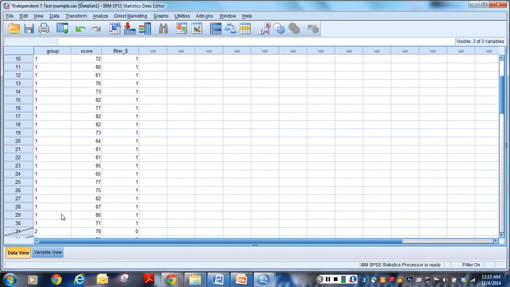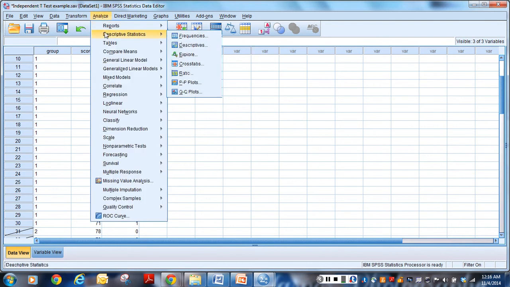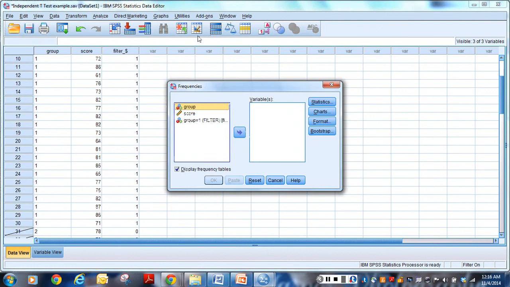So now we can create a histogram like we normally would. Let's go to Analyze, Descriptive Statistics, and Frequencies. Now notice this is my filtered group here, my control group.